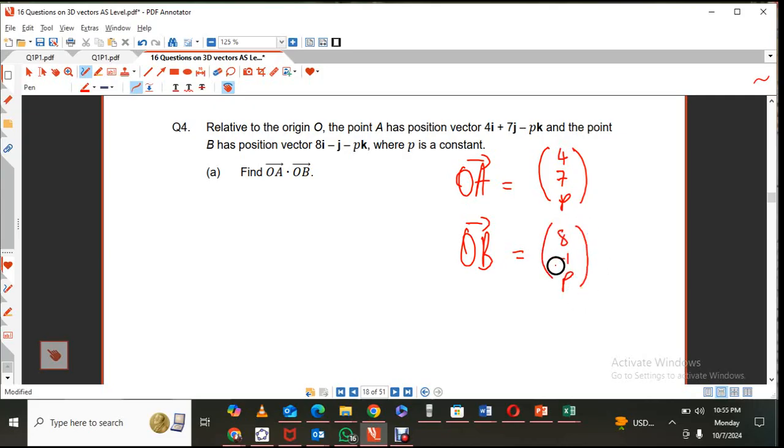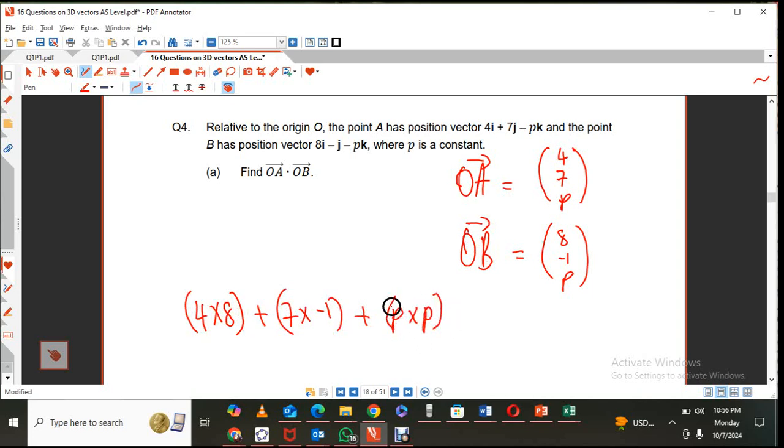Okay. Now, when they say we must find the dot product of these, there's nothing to be afraid of. So you say 4 times 8 plus 7 times -1, plus p times p.